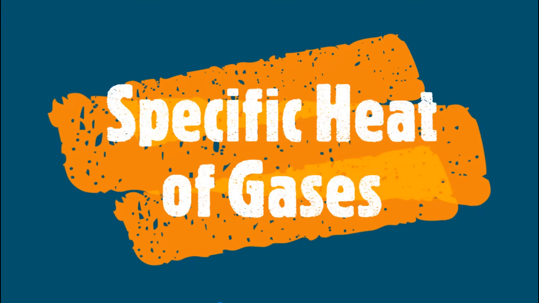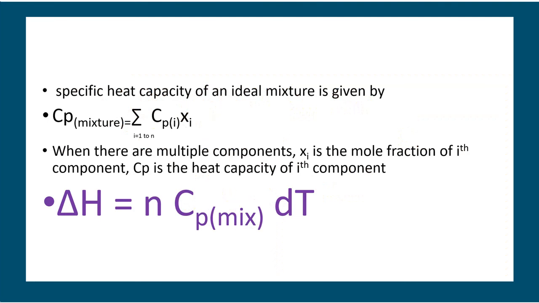Specific heat of gases, it can be a pure gas or a mixture, right? If it is a mixture, then specific heat capacity of an ideal mixture is given by Cp of the mixture is equal to summation of Cpi into Xi, where Cpi is the specific heat capacity of the ith component, and Xi is the mass fraction or mole fraction.